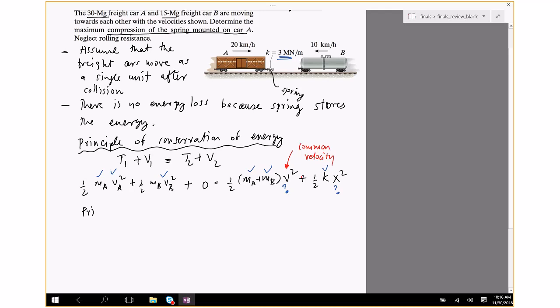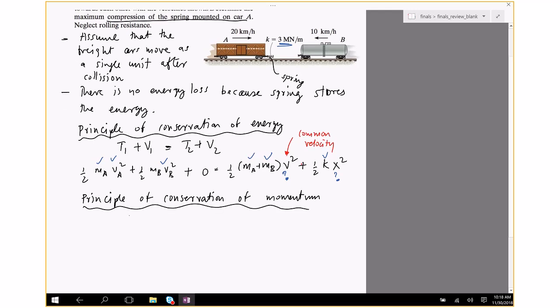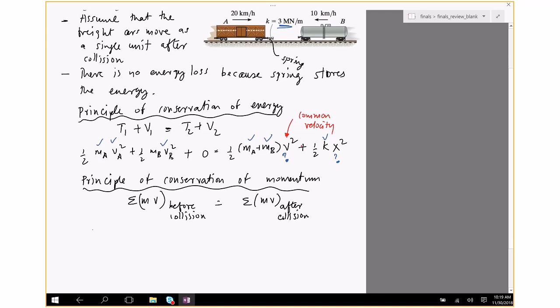So the principle of conservation of momentum states that the summation of mv before collision equals the summation of mv after collision. So we can write these expressions.